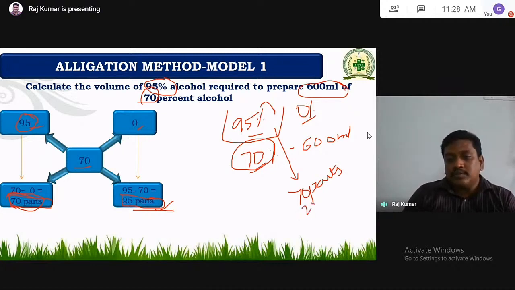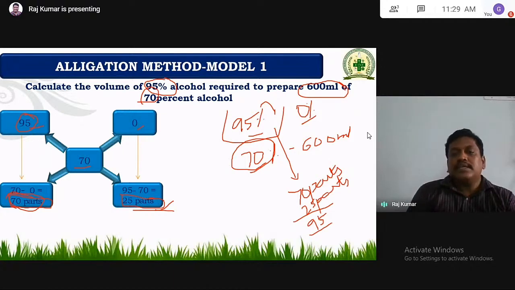If you add these, you get 70% alcohol. How much will the total be? Total parts is 95 parts.